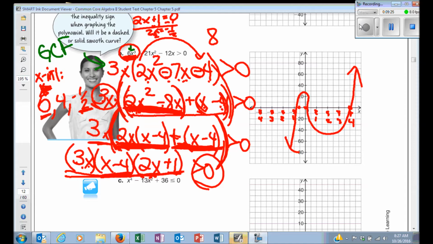It could be 0.000001. As long as it's bigger than 0, that's all I care about. That would be a good x to answer my question. Because again, I'm picking x's that when I plug them in and multiply everything out, it gets me a number bigger than 0. You with me?